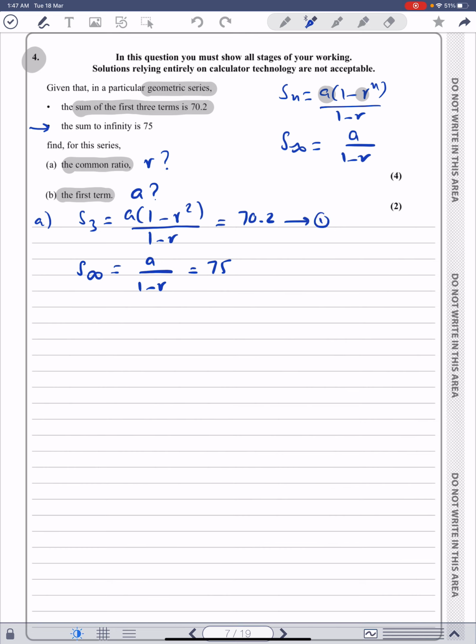When I label the equations, guys, in any question related to geometric series, the best thing to do is divide. And what do you divide? This is r cubed here, be careful. Divide the equation that has the higher power by the smaller one. It will be easier even for using the calculator.